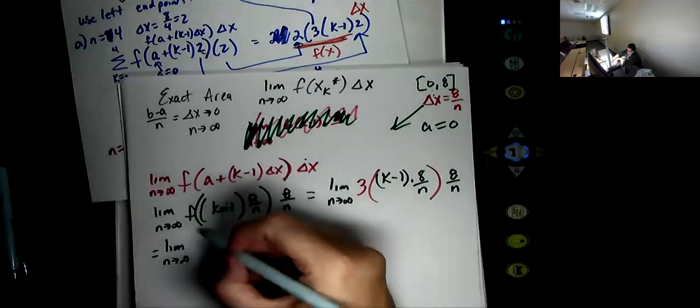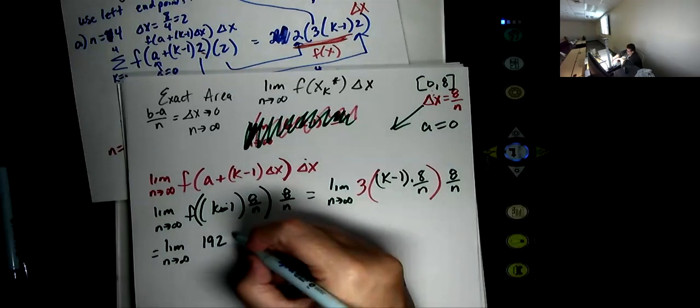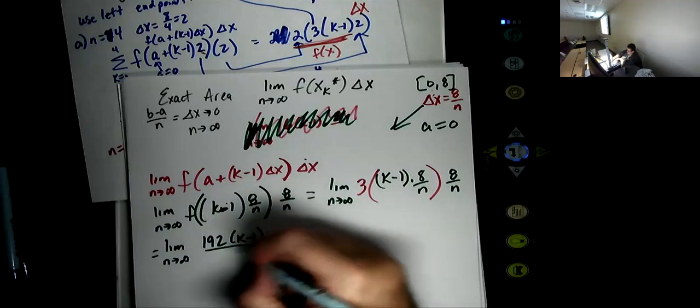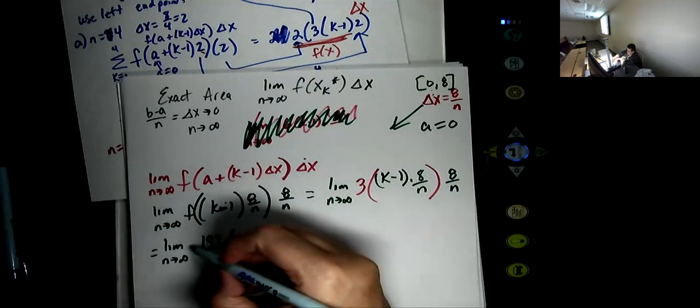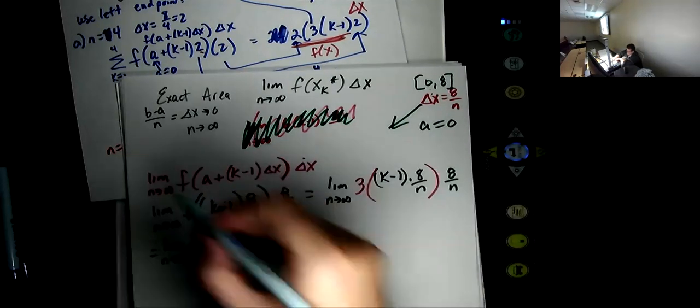I've got 3 times 64 is 192 times k minus 1 over n squared. And this is a summation still. I dropped my summation notation.